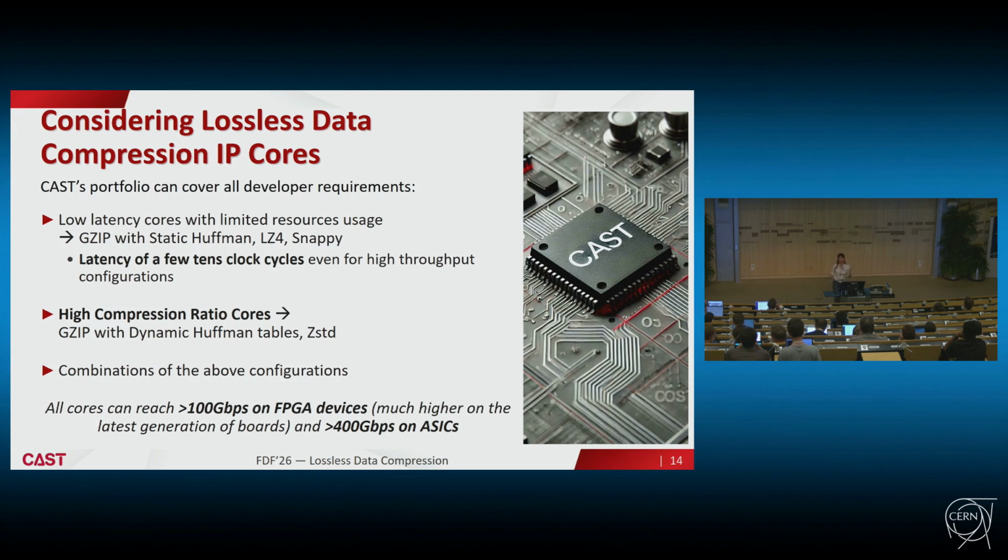All these cores can go to over 100 gigabits per second on FPGA devices, and even higher on the newer generation ones, like the big Versals, the Agilex 7s, etc. And of course, on ASICs, we hit much higher than 400 gigabits per second. We have customers that go to 800.